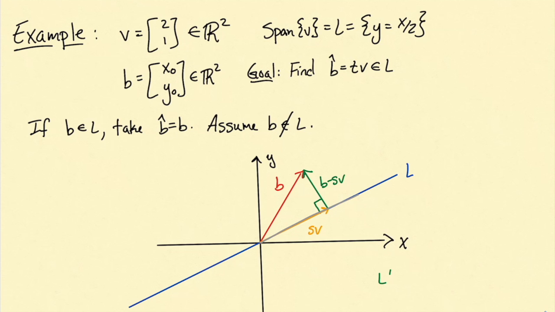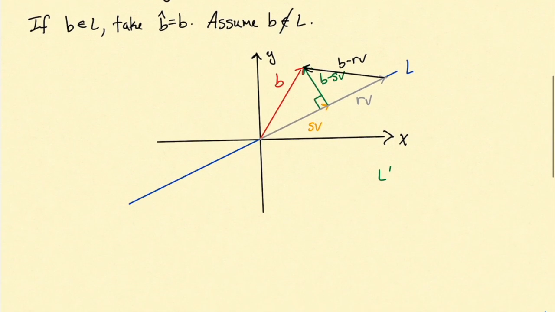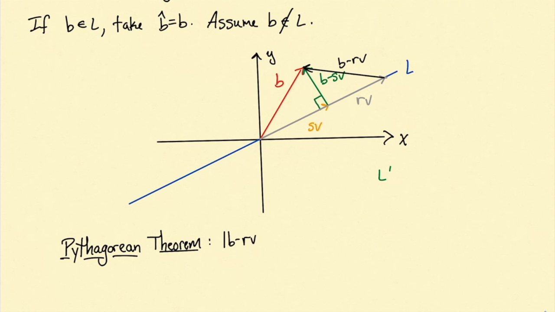If we choose any other vector rv on the line, then we can see that the vector b minus rv will form a right triangle, where here rv minus sv is the base of our triangle. The Pythagorean theorem tells us the length of the vector b minus rv squared must be equal to the length of rv minus sv squared plus the length of b minus sv squared.